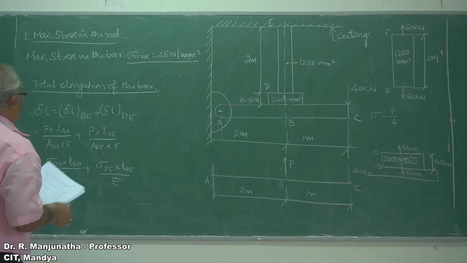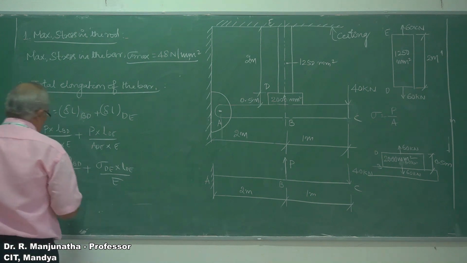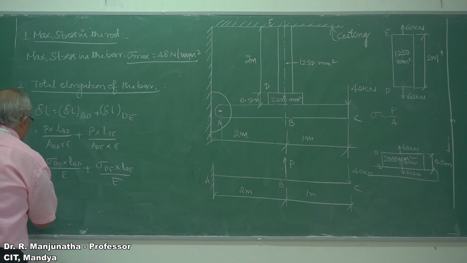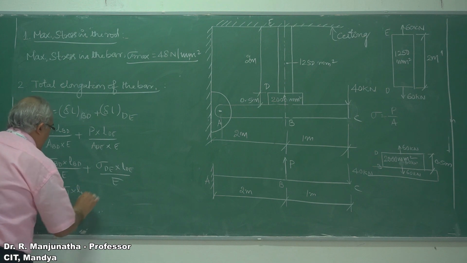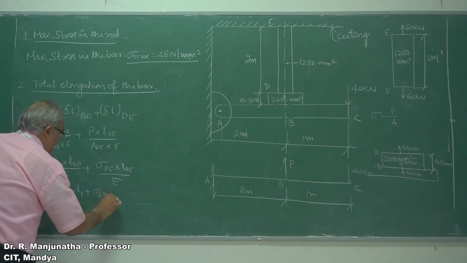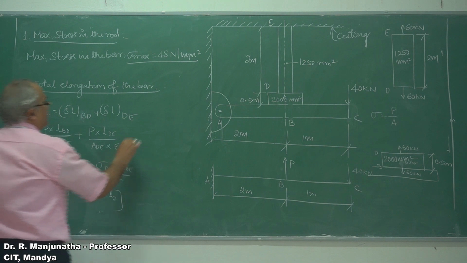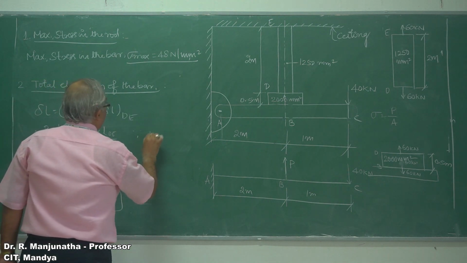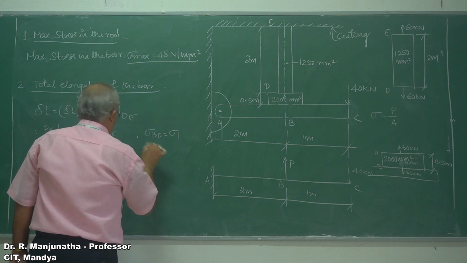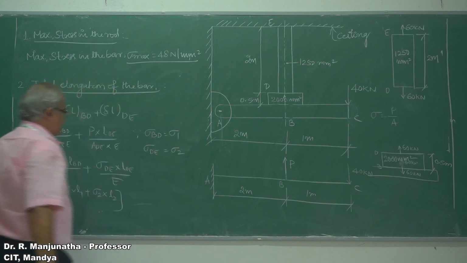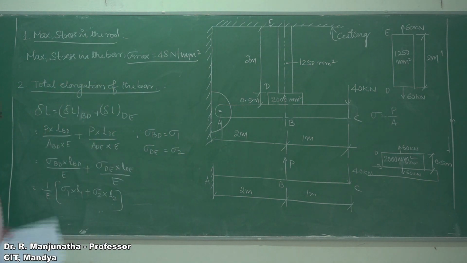So now we can consider 1 by E into sigma 1 into L1 plus sigma 2 into L2, because sigma BD is sigma 1 and sigma DE is sigma 2. So that will be equal to 1 by E.